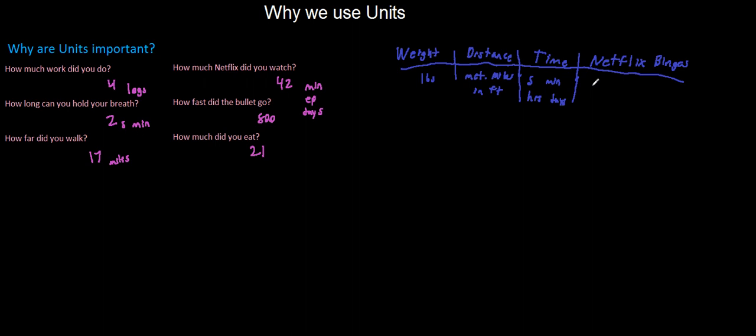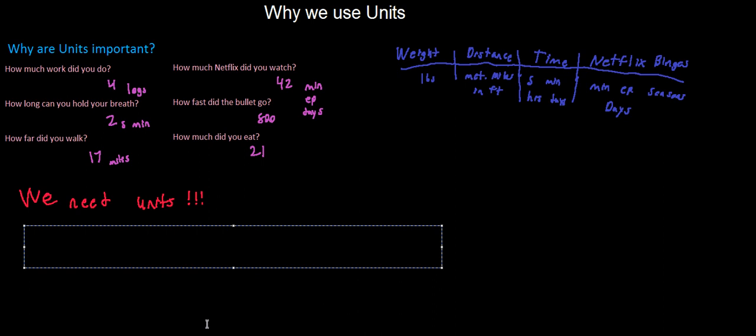And Netflix binges, we could say minutes, episodes, seasons, or again, days. And the point I'm trying to drive home here is we need units. And I'll add some exclamation marks for emphasis.